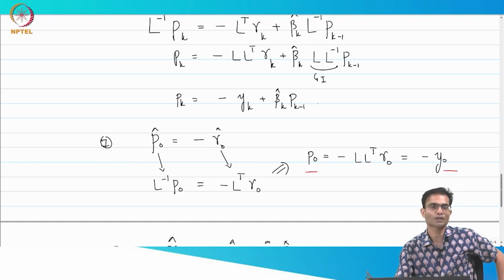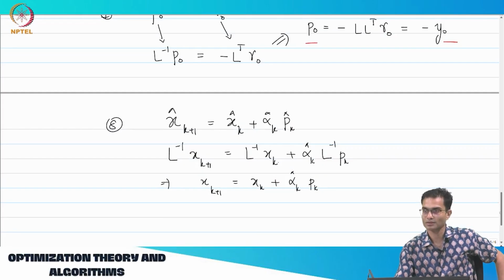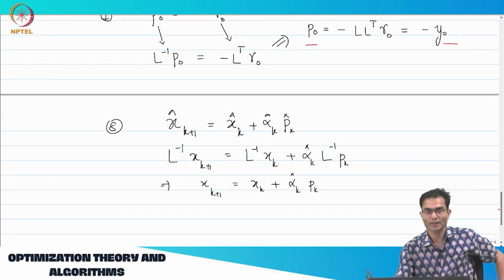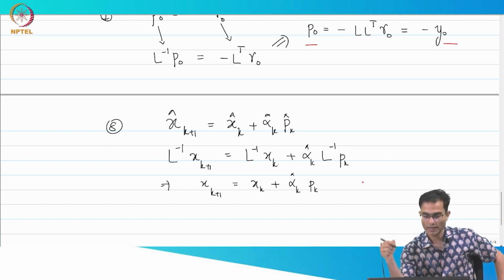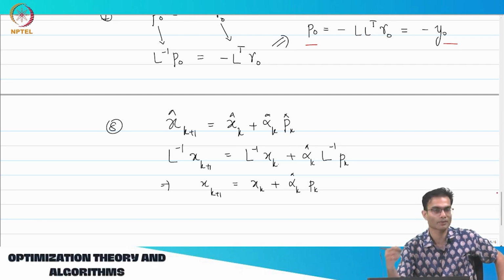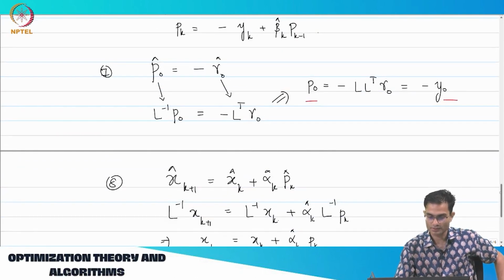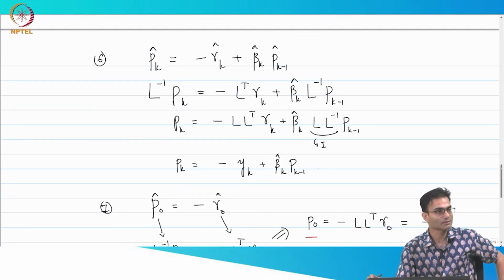After p naught, to get to the new x, to get to x1, I would use relation 8, because I have my p naught, my alpha hat expression, and my x naught. From equation 6, I know how to update my p's.